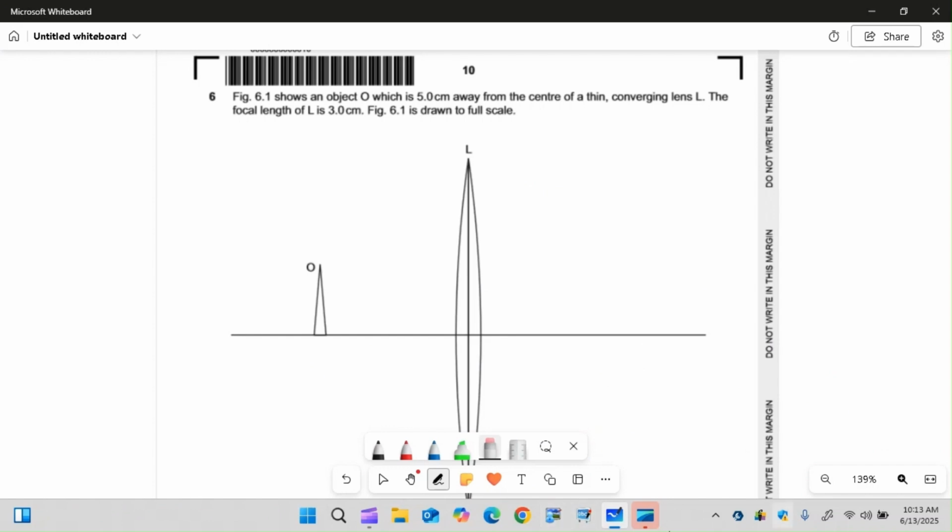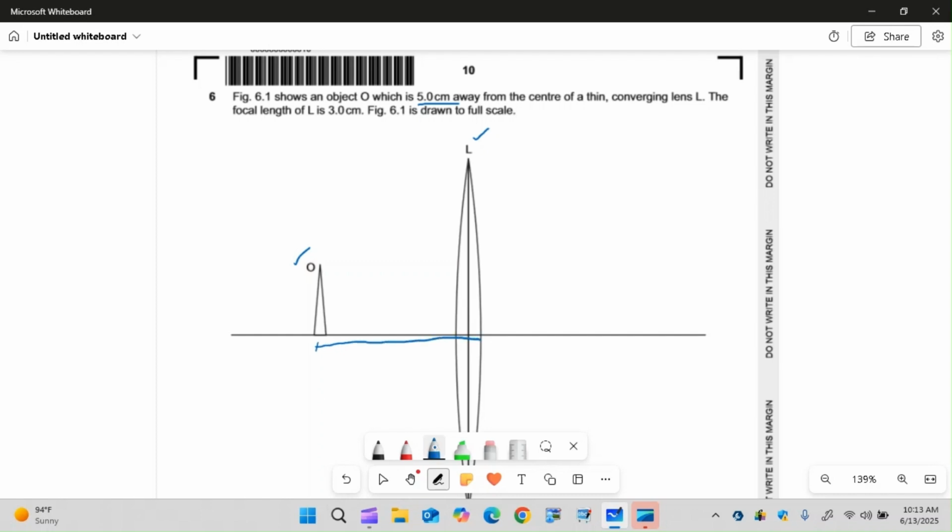Question number 6. It says that figure 6.1 shows an object O that is 5 centimeter away from the center of the thin converging lens L. This is the converging lens L, and this is the object O that we can see here, 5 centimeter from here till here.